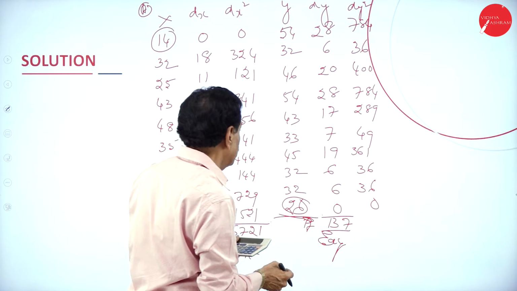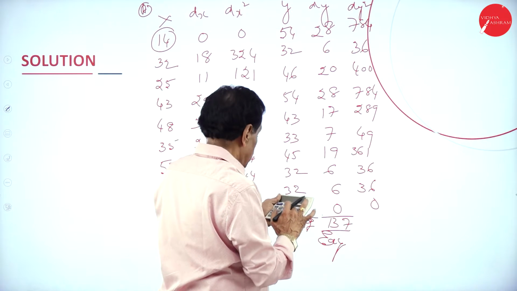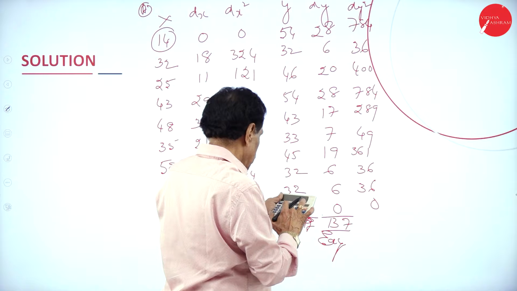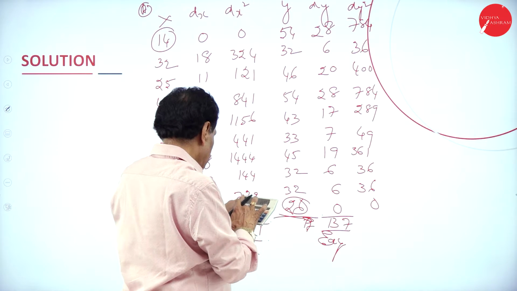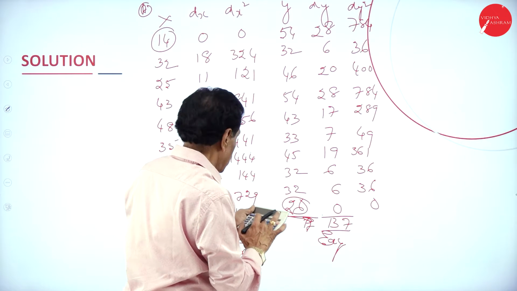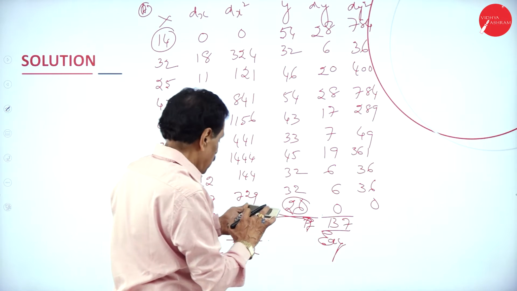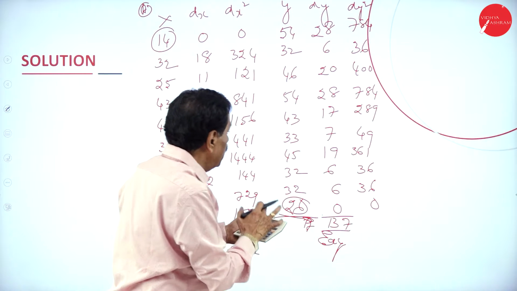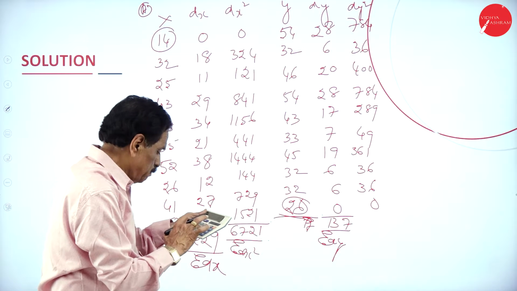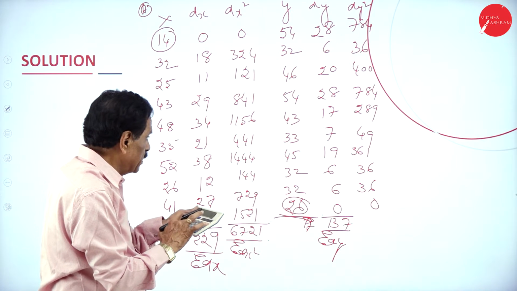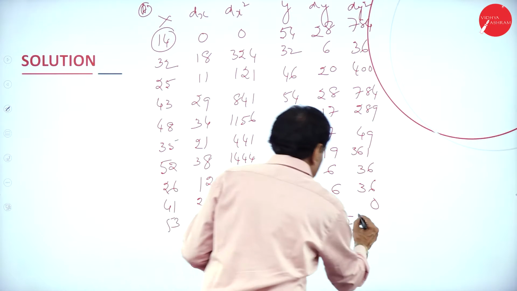Add the figure: 784 plus 36 plus 400 plus 784 plus 289 plus 49 plus 361 plus 36 plus 36, 2775.